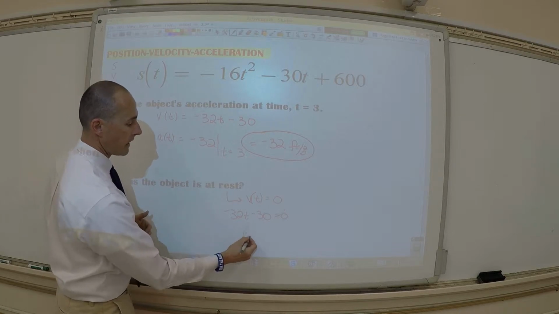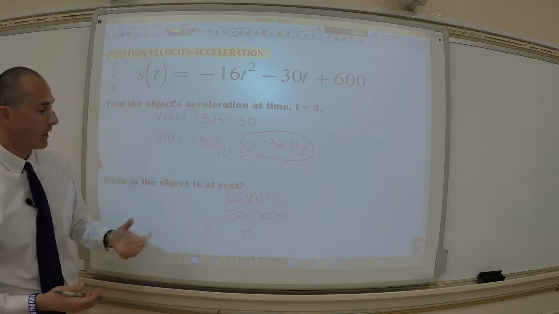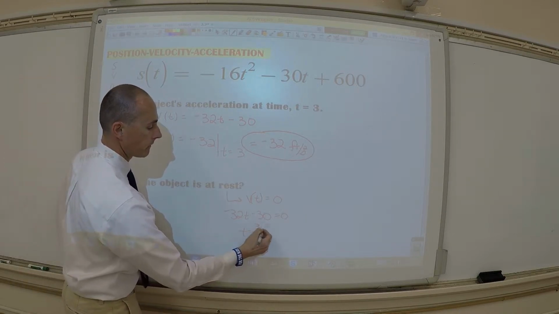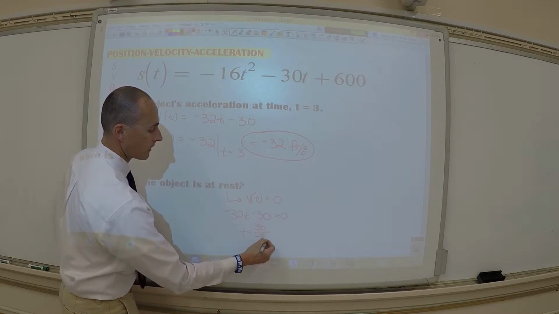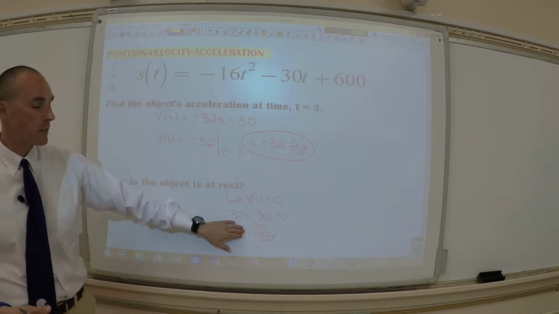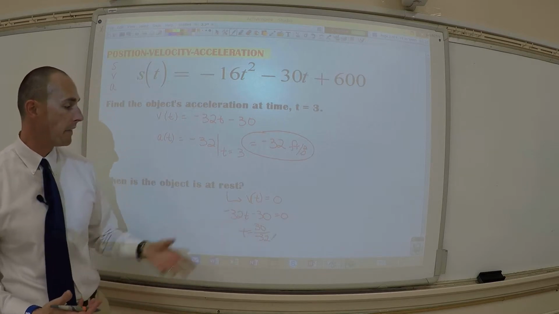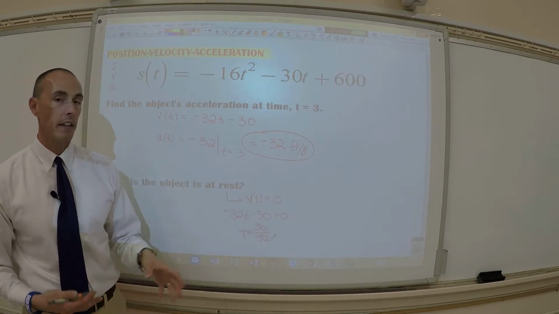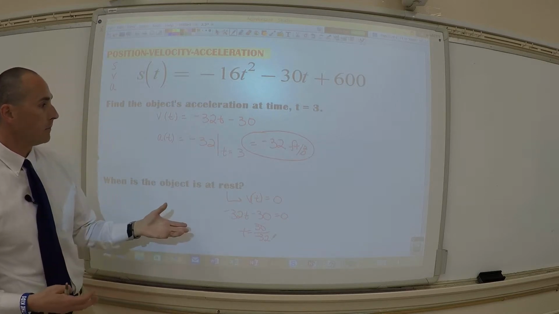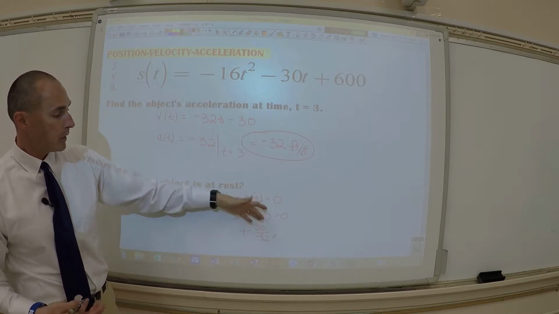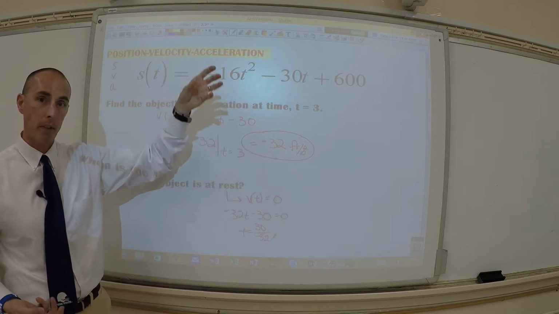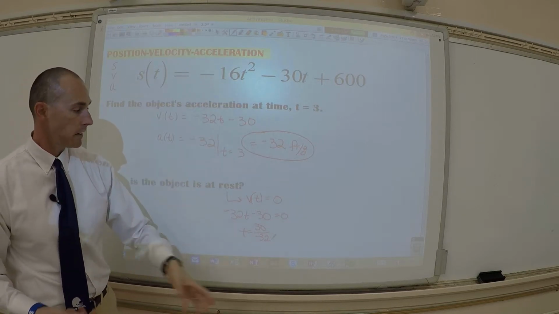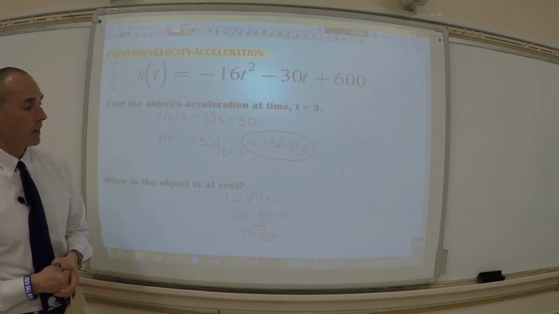When we solve that, we get t equals 30 over negative 32. That doesn't make sense. Can't have negative time. Well, think about that. That must mean that the only time the object was at rest was later on down the road in its flight. So at this point, we have to conclude that it was at rest when we dropped it at time 0, and then when it finally landed all the way down at the end of its trip.